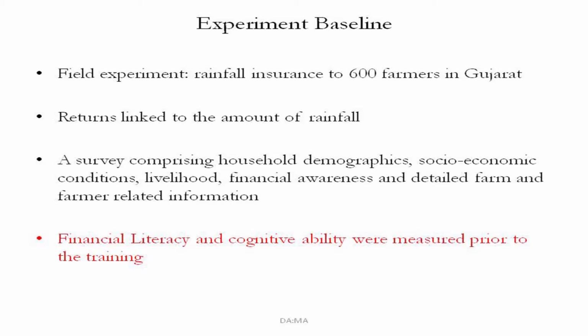Particularly, they choose 3 districts of Gujarat, which are coastal districts, and which are all rain fed, and most of these districts predominantly produce groundnut. They select 600 farmers from these 3 districts of Gujarat and make them part of the experiment.